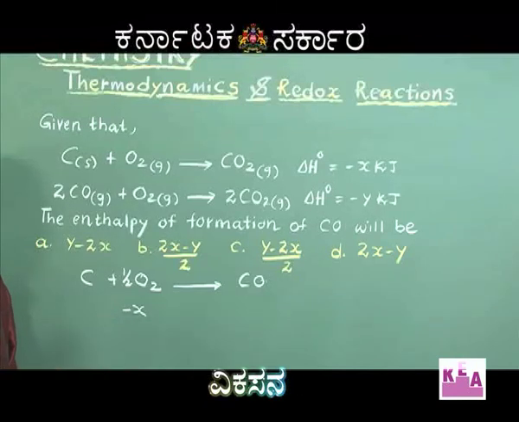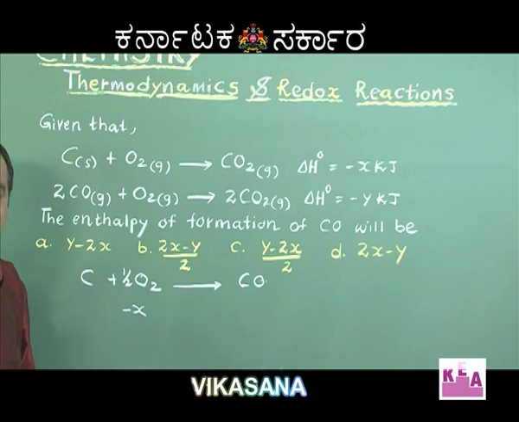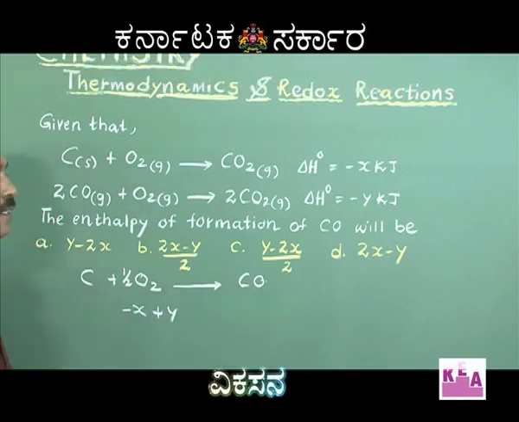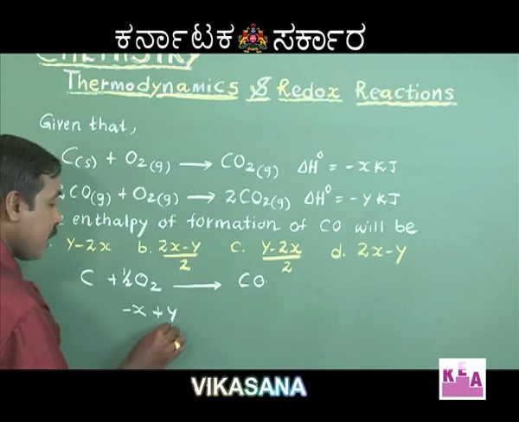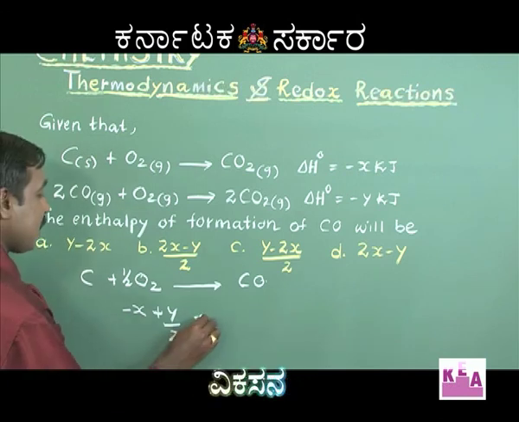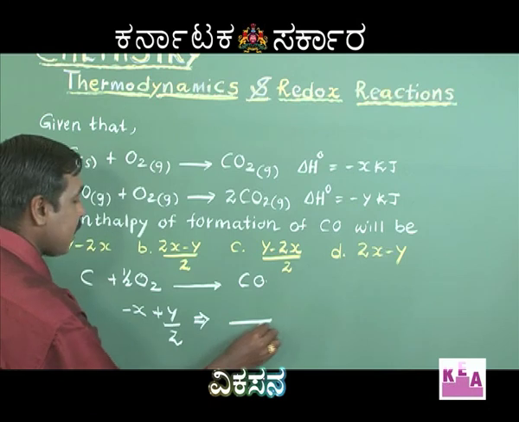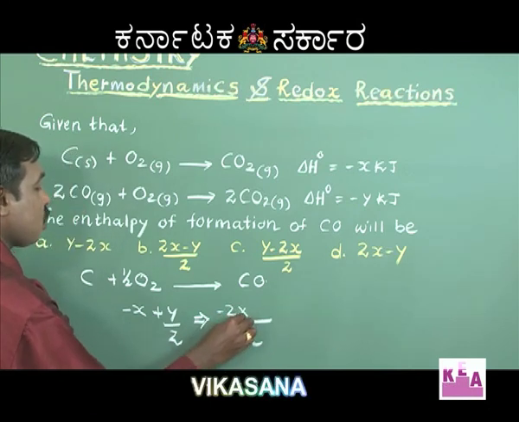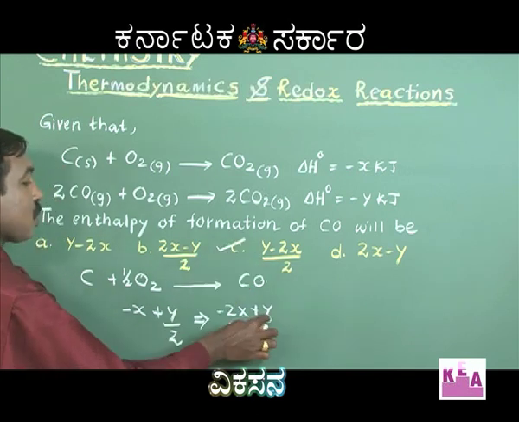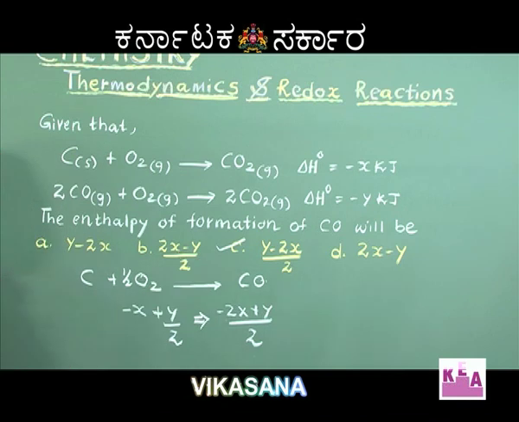Whenever you reverse any thermochemical equation, the value of enthalpy would remain the same with a change in sign. Since I am reversing it, there is a change in sign, and since I want it for 1 mole, while the equation is for 2 moles, I divide it by 2. Therefore, the right answer, taking LCM 2, is minus 2x plus y. So option C is the right option, the one with plus y minus 2x over 2.